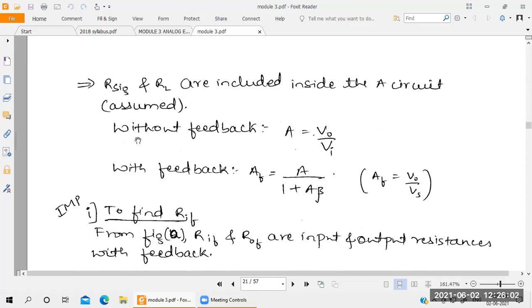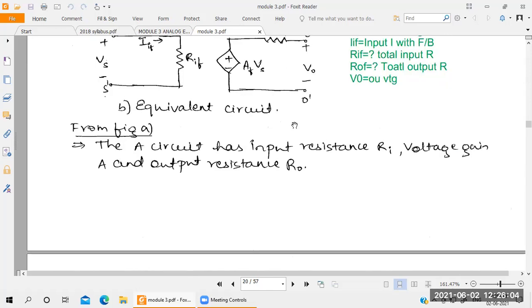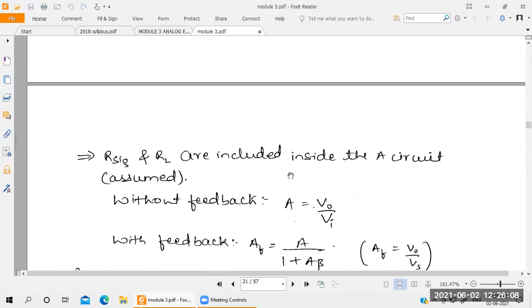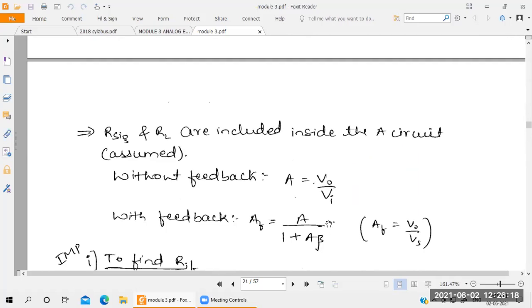So find out the gain without feedback. Without feedback, you write the amplifier gain here. What is the amplifier gain here? It is A is equal to V0 by Vi. So neglect the feedback here. For a voltage amplifier, what is the gain now? V0 by Vi. Same thing, you write one more gain equation with feedback, that is AF.